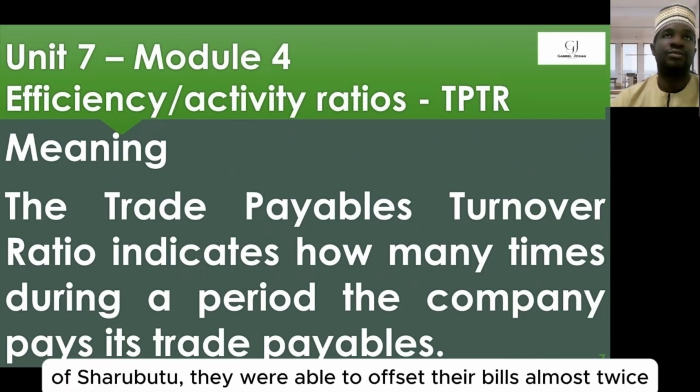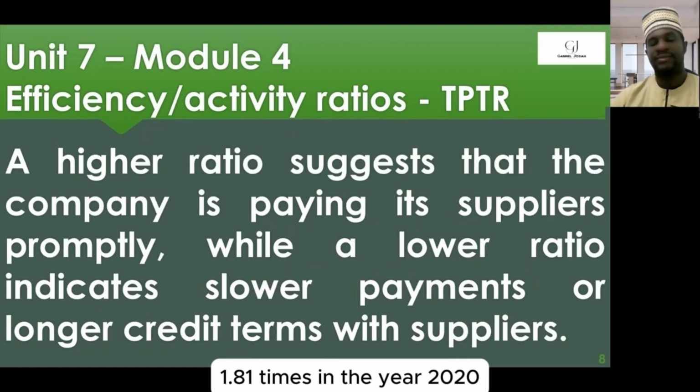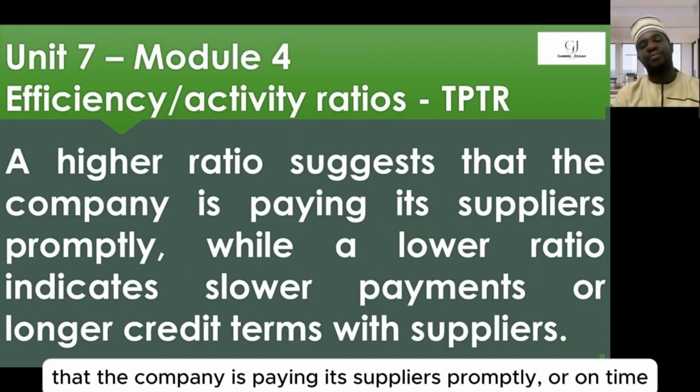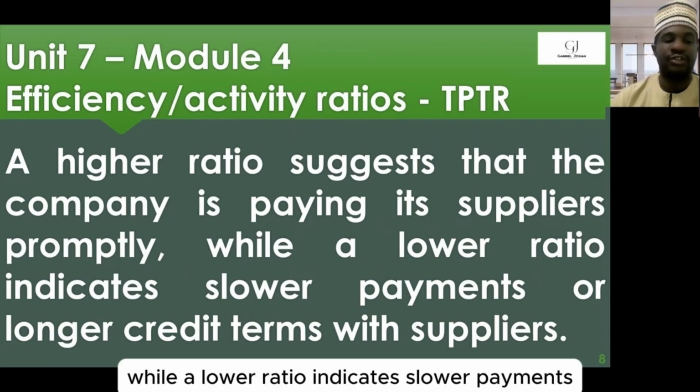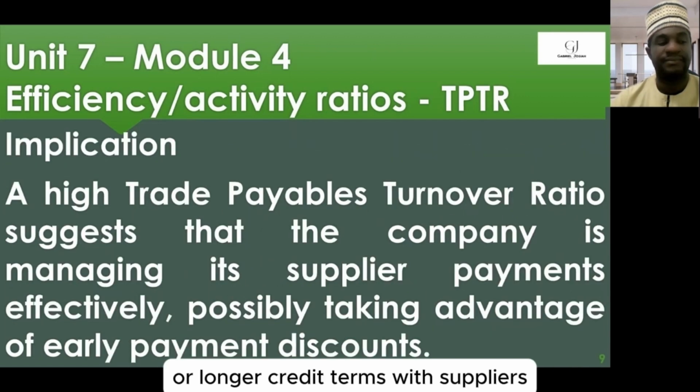So in the case of Sharobutu, they were able to offset their bills almost twice, 1.81 times in the year 2020. So this suggests, when it comes to a high ratio, that the company is paying the suppliers promptly or on time, while a lower ratio indicates slower payments or longer credit terms with suppliers.